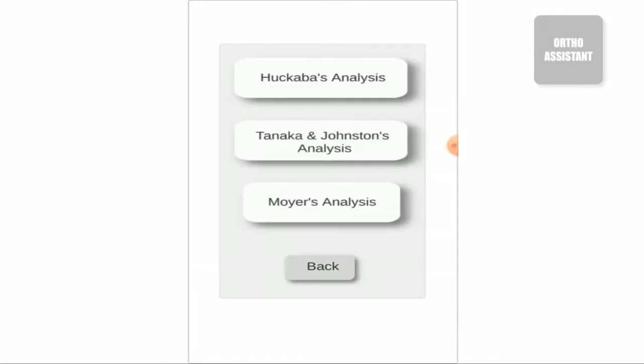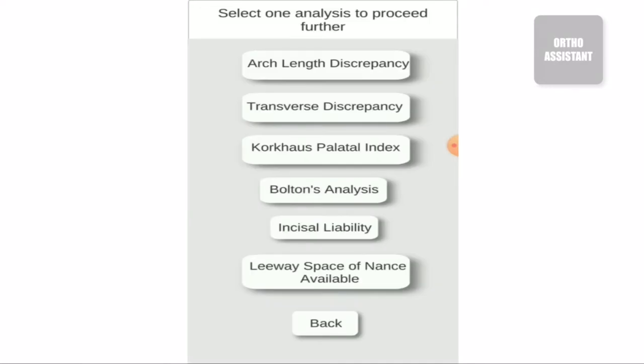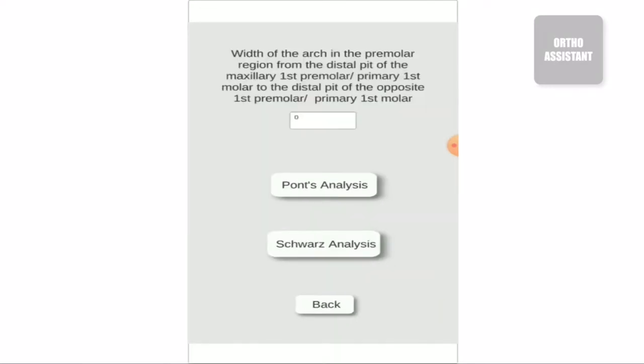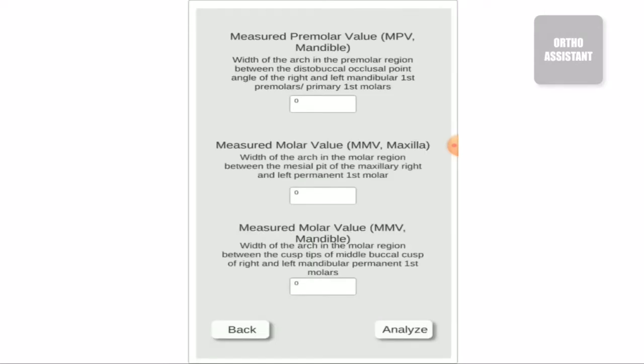Now back, go to the transverse discrepancy. You have to enter the MMV, because the MMV is the same for the Pont's analysis and the Schwarz analysis. It is given commonly here. Go to the Pont's analysis, enter the MPV and the MMV in the mandible.